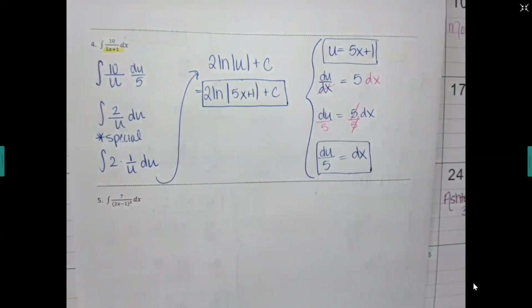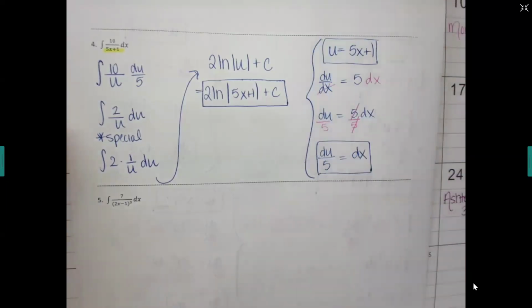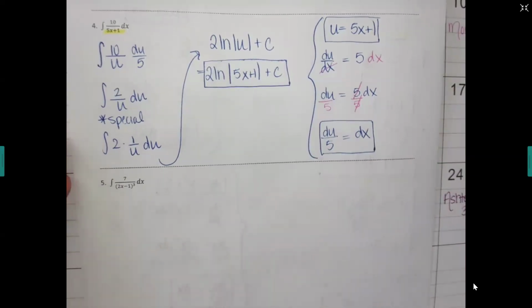Okay, can you try number 5 to set up just this first part right here? So pick your u and then go through those first few steps on number 5, then we'll go back to 3.